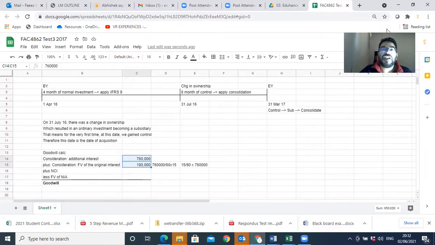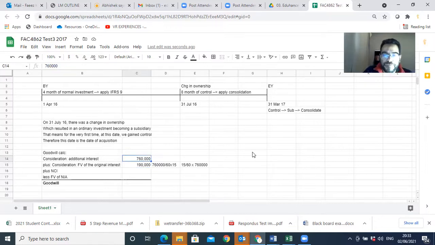It is the actual consideration of the additional interest plus the deemed consideration, because remember, accounting is saying you are deemed to have disposed of the original interest at fair value and then reacquired it at fair value. So therefore your consideration is the actual consideration plus the deemed consideration. Please be aware of that. If they ask you what the consideration is, it is not 760, it is 950.